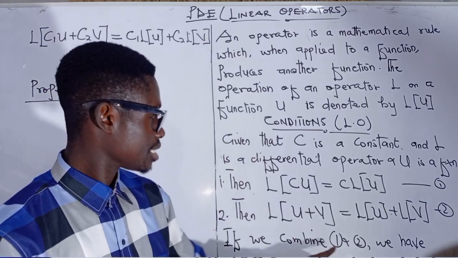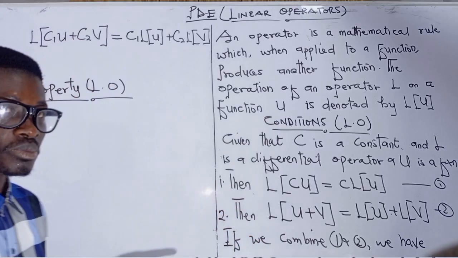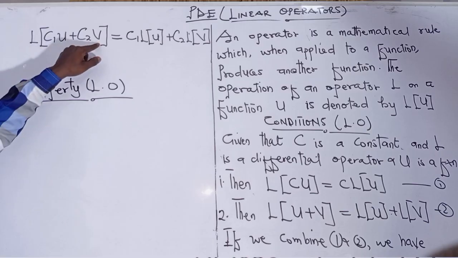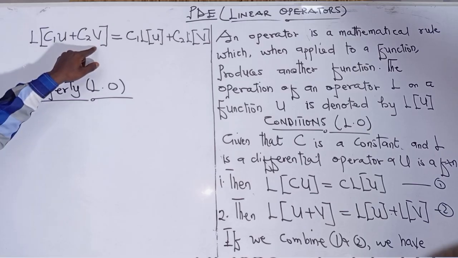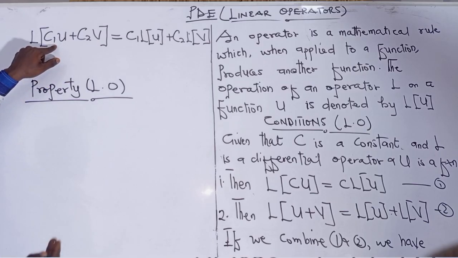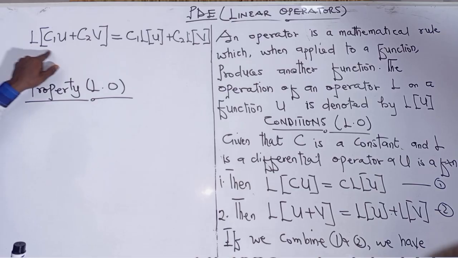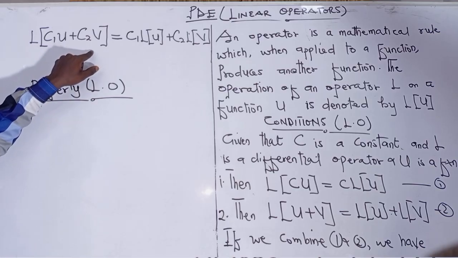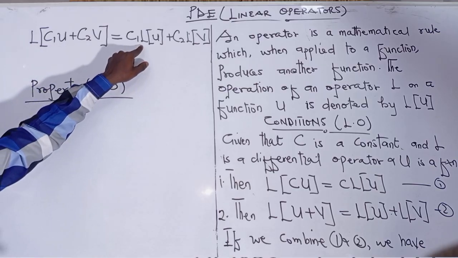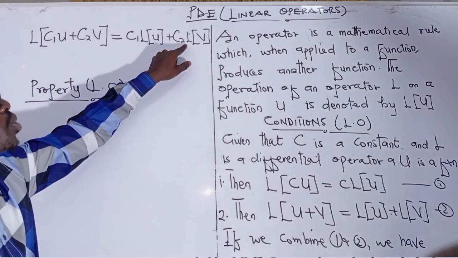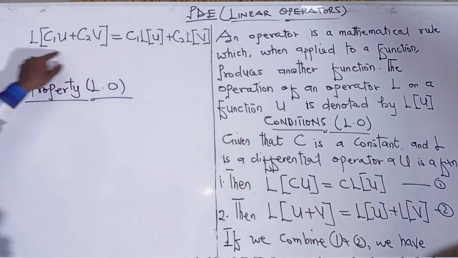Now when we combine 1 and 2, we have two functions U and V. Since we have two functions, we can also have two constants, C1 for the first constant and C2 for the second. So when the operator operates on these two functions with their constants, C1 times L operating on U plus C2 times L operating on V must be equal to that.